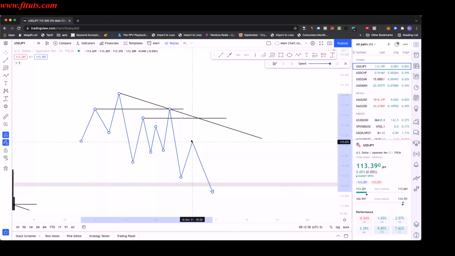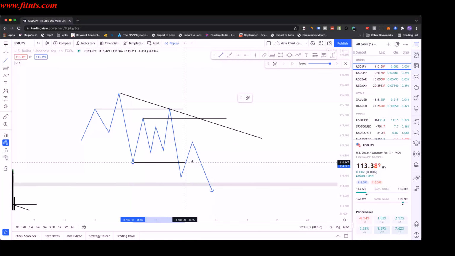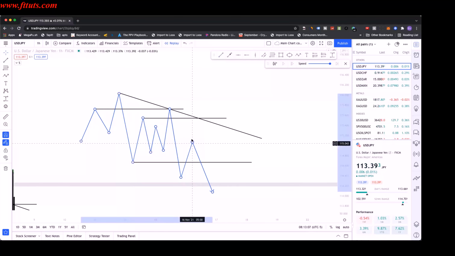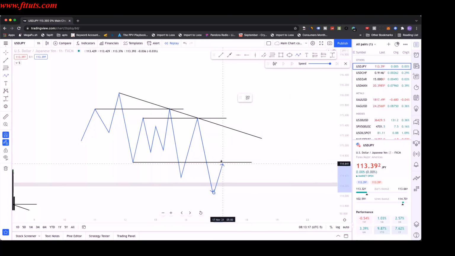Let's say price did this low right here, and we were looking for that continuation. Okay, and then price moves up, right, past this right here, right? But then we would use this level here as our next entry. Okay, like that.